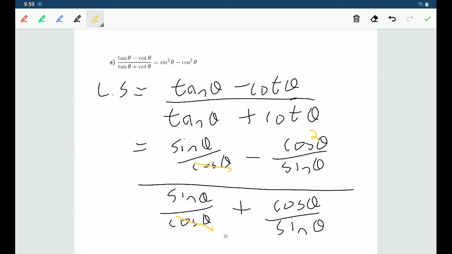This would become cosine squared, and that would become cosine squared. If you multiplied everybody by sine, you would have sine squared. This sine would cancel. You would have sine squared, and that sine would cancel.